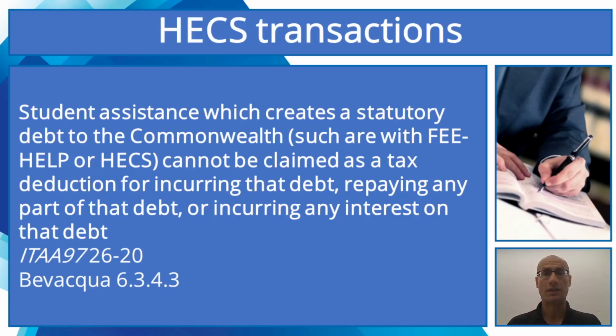Now, this includes the incurring of the debt when you take out the loan and start studying, the repayment of the debt when you earn beyond the threshold amount, sort of $45,000, $49,000 per annum, or you voluntarily pay it back, or when it is indexed. So when an interest amount is added to compound that debt. So for all three of those phenomena, you cannot get a tax deduction.